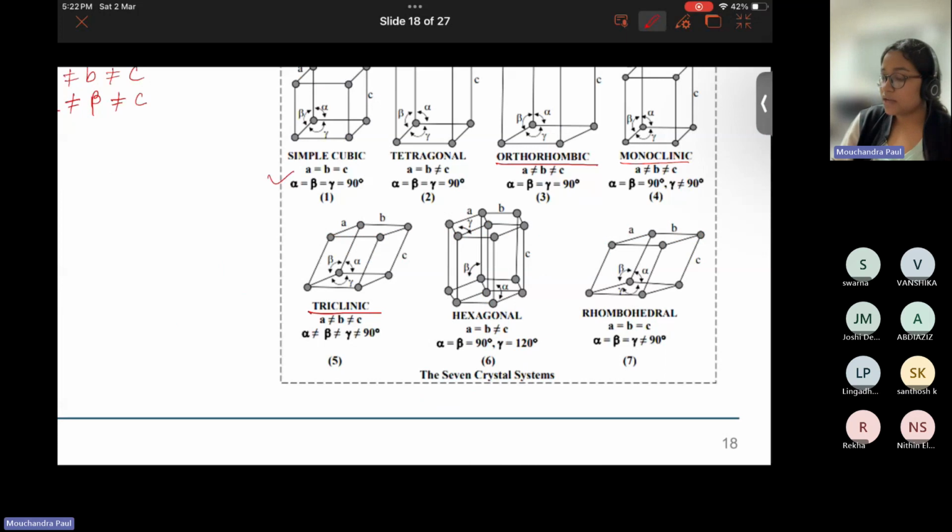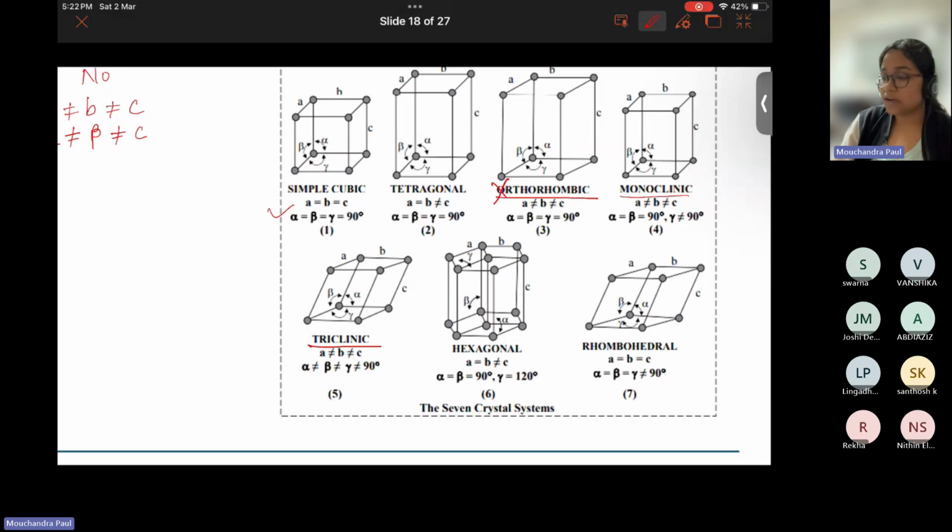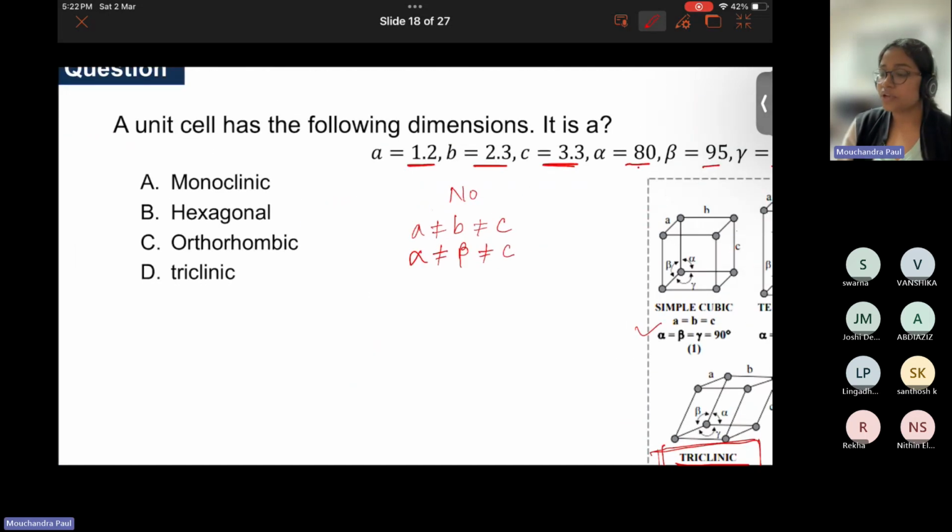When you compare with the three options, orthorhombic will definitely disqualify because orthorhombic requires all three angles to be 90 degrees. Monoclinic will also disqualify because alpha and beta should be 90 degrees, whereas gamma can be anything other than 90 degrees. Whereas for triclinic, it is not compulsory for the unit cell to have alpha, beta, and gamma of 90 degrees.